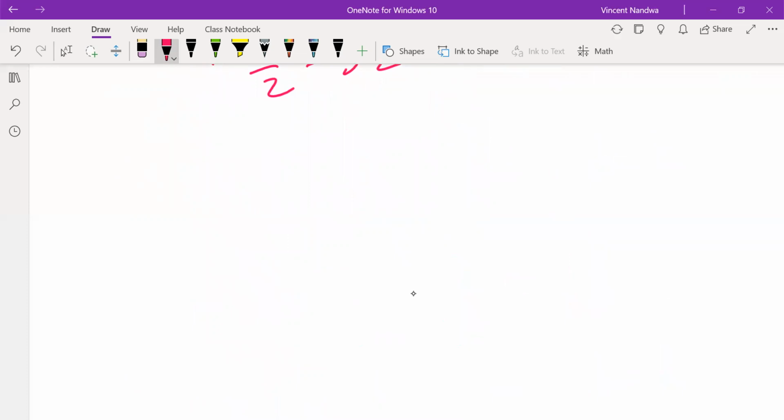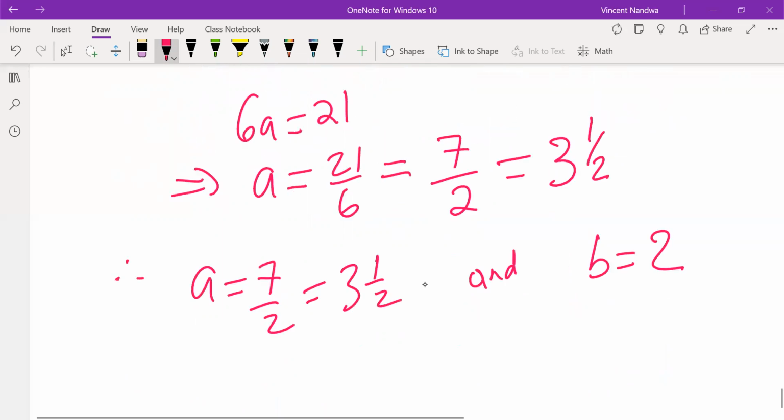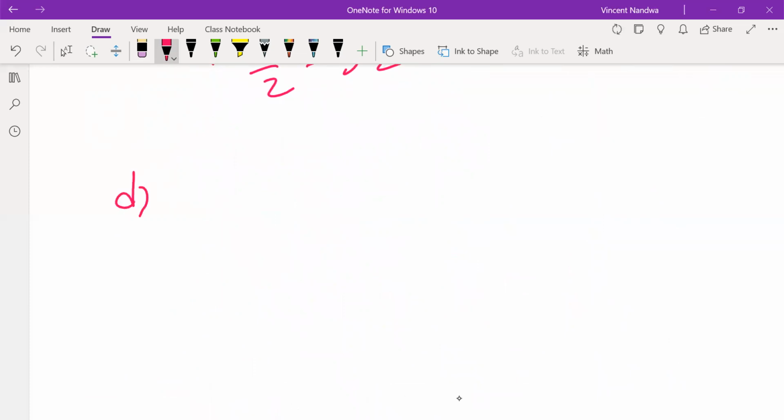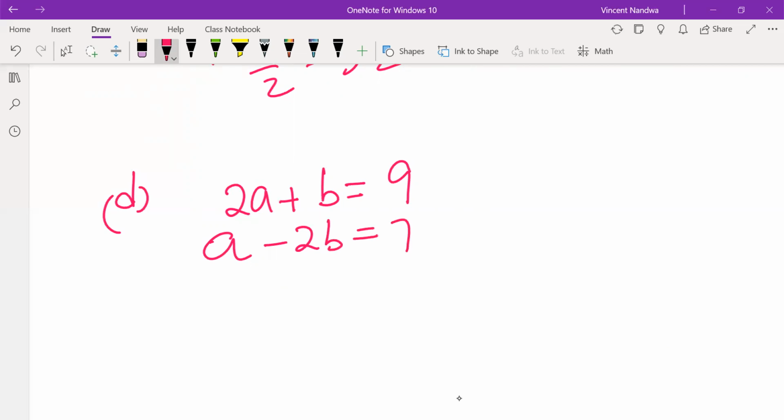And then another one, if we have 2A plus B equals 9, A minus 2B equals 7.